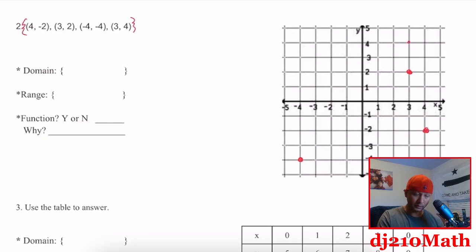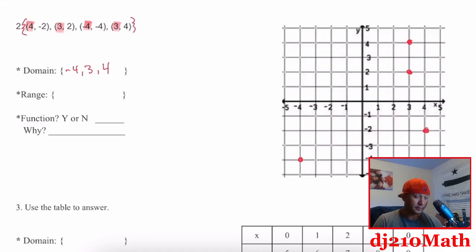So 3, 4. Okay. In the domain, we have what's used? All the x's, right? So we have -4. That's the smallest. 3, 4, and another 3.